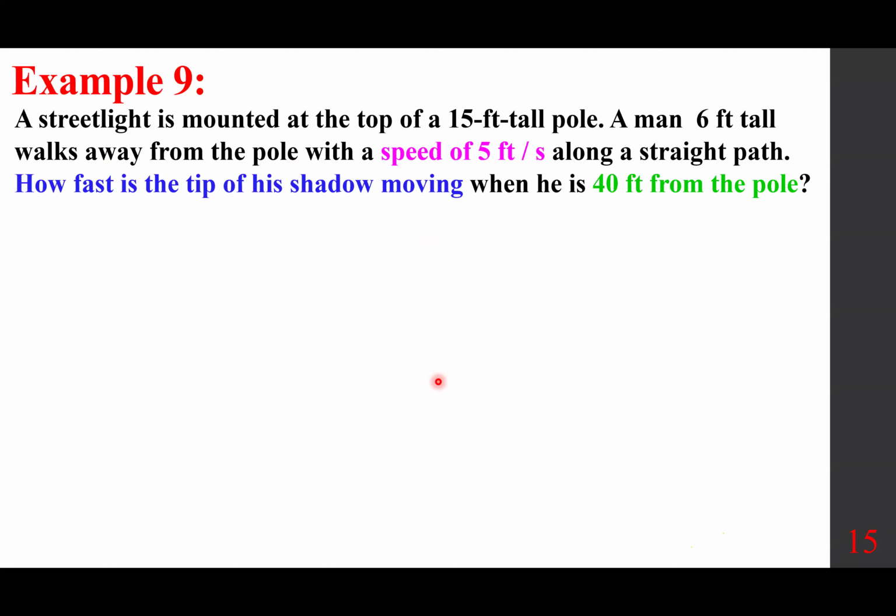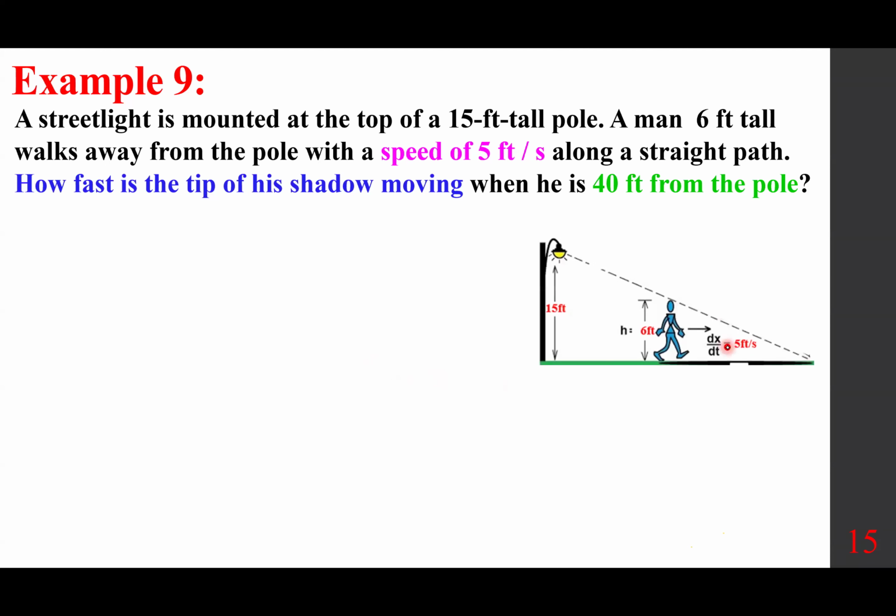So we have a 15 feet tall pole, and a man who is 6 feet is going to walk away from it. So it looks something like this. This is the pole, 15 feet. This is the man, 6 feet, moving this way at a speed of 5 feet per second.